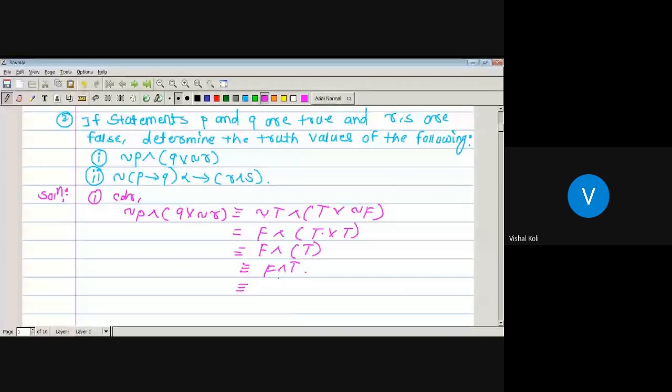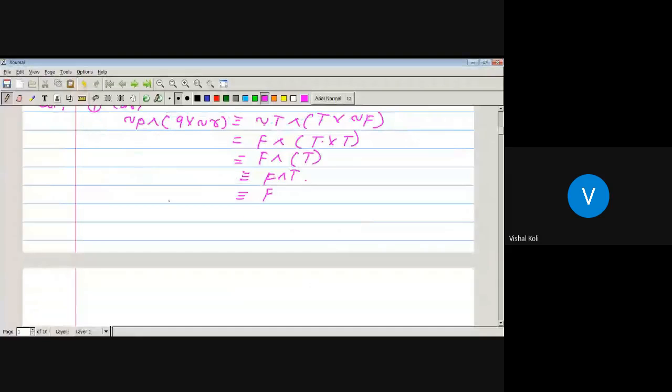As here there is one false, hence the truth value is false, that is F.